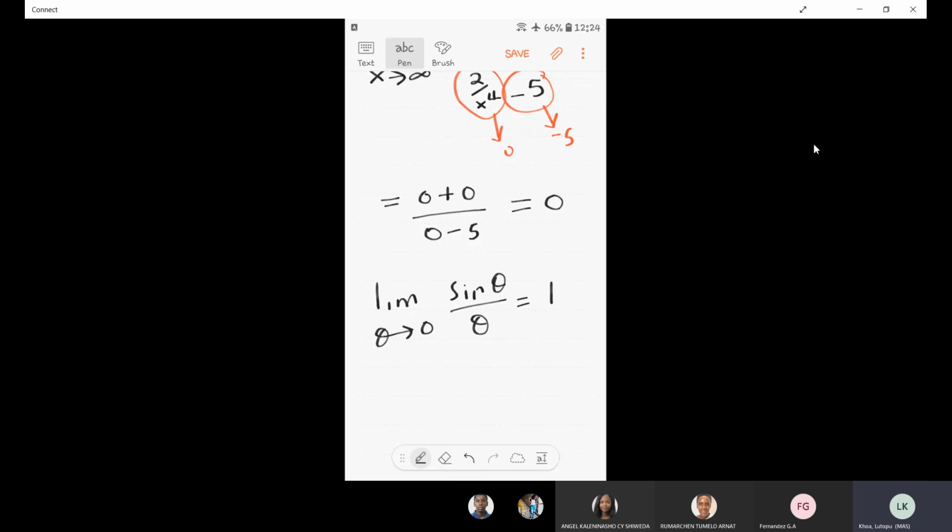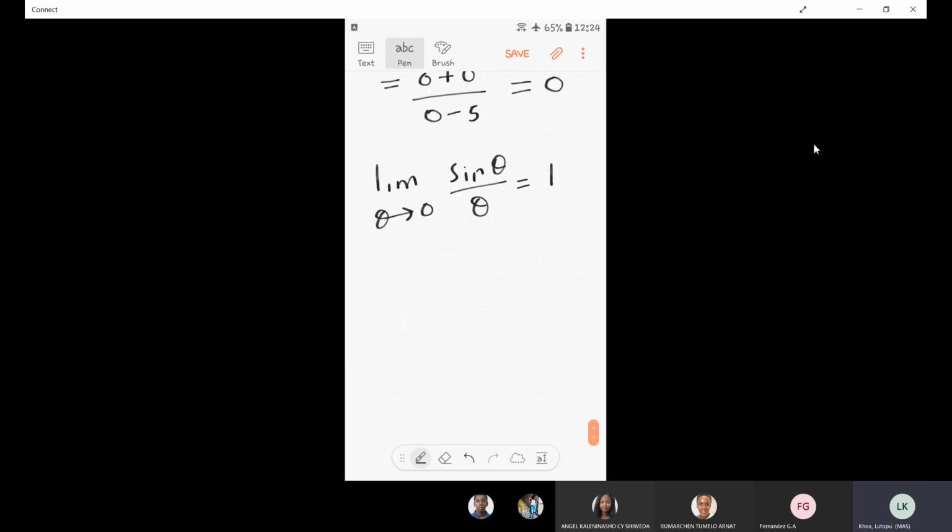So we are asked to show this. What you need to do is draw a table. So you pick values that are getting closer and closer to 0, and then you substitute them and show that it is equal to 1.